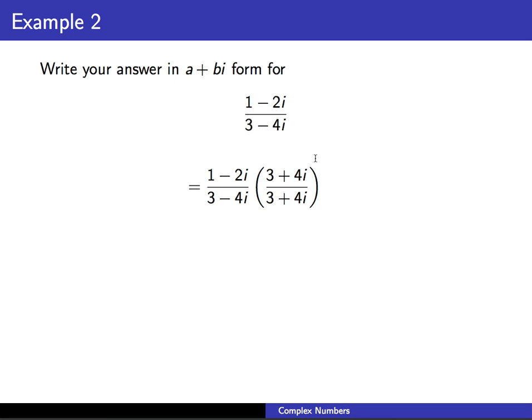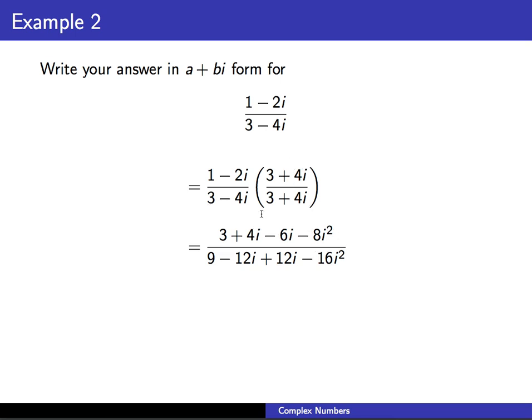So a little bit of calculation involved, but I don't think it's any more difficult than the last example in the last video. Multiplying out the numerator, we get 1 times 3 is 3, 1 times 4i is 4i, negative 2i times 3 is negative 6i, negative 2i times 4i is negative 8i squared.